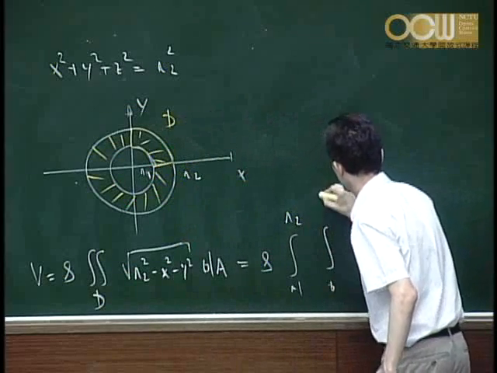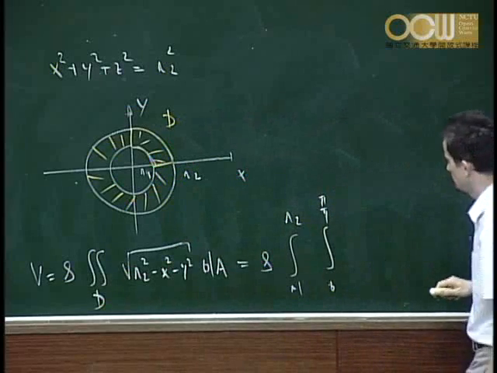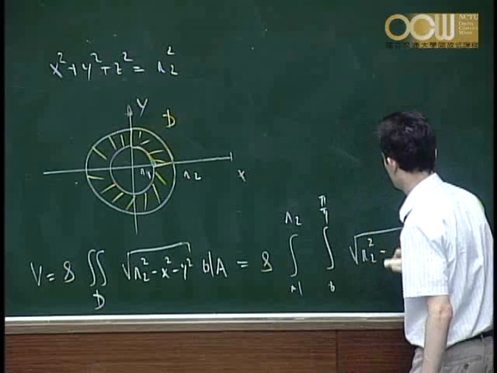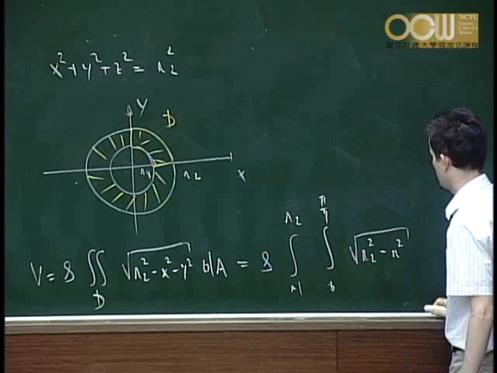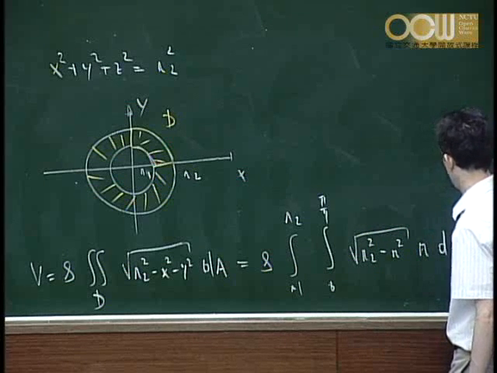Your theta is from 0 to pi over 4. And this function here becomes the square root of r2 square minus r square. And then don't forget the r. And then you have d theta dr.